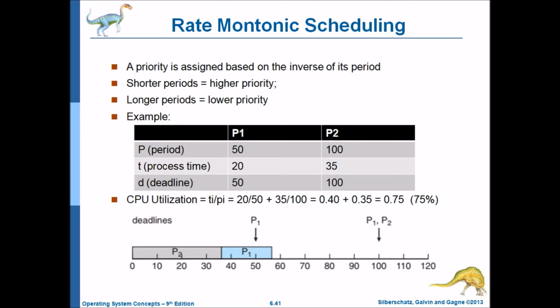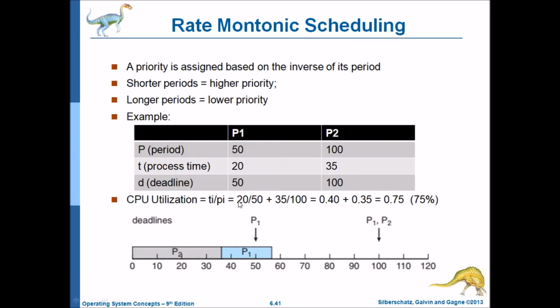Now let's consider an example. We have two processes, P1 and P2. We must first ask ourselves whether it is possible to schedule these tasks so that each meets its deadline. If we measure the CPU utilization of a process as the ratio of its burst to its period, the CPU utilization would be Ti over Pi.